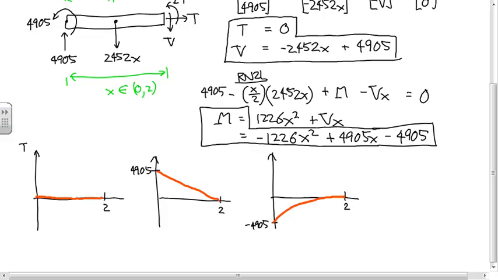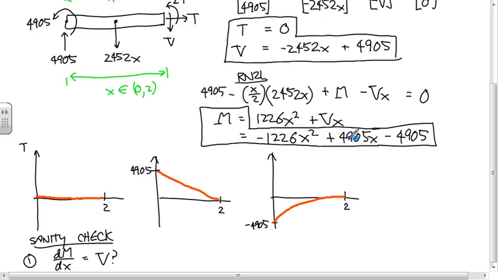So now let's think about those 4 conditions. Is dM/dx equal to V? So go up to these equations. The derivative of this is negative 2452x.